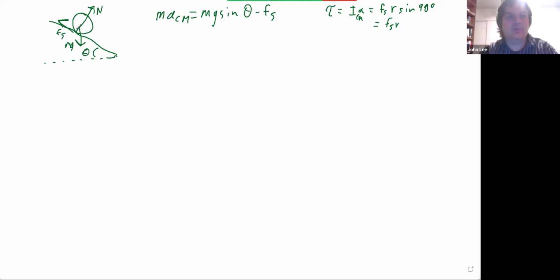So the normal force points through the center of mass along the radius, and the weight force points from the center of mass down through the radius towards the center of the Earth. So the torque is only going to be caused by Fs, and Fs R is going to be equal to the magnitude of the torque.